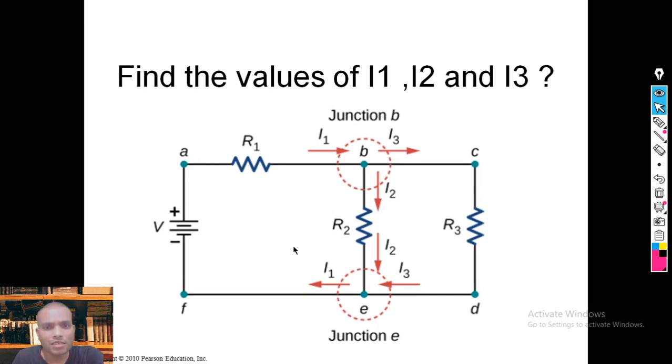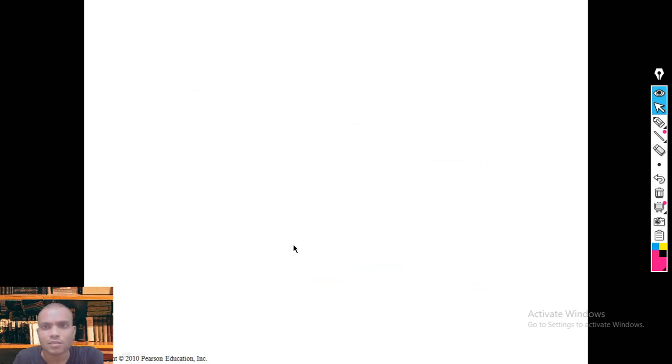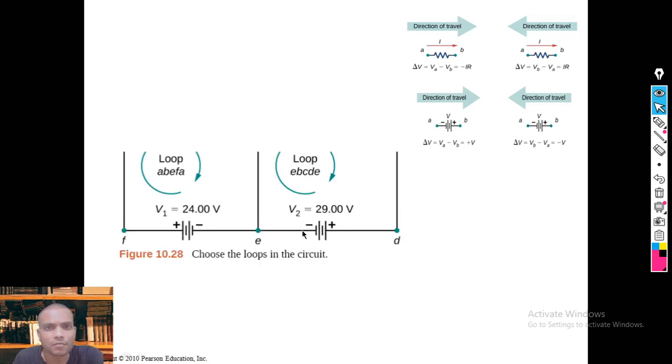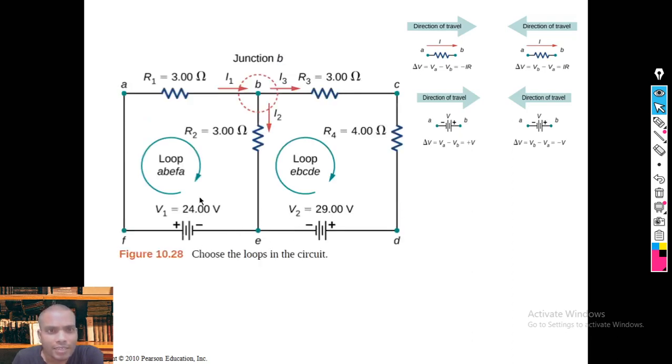To find these, first we need to consider loops. Before that, I will write down our sign conventions here. Here the resistance values and the potential values are given.